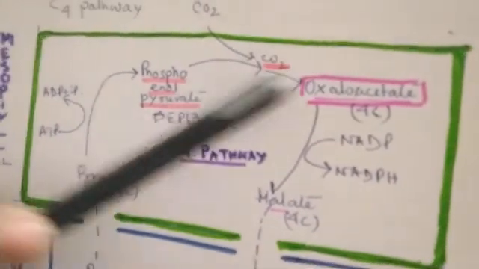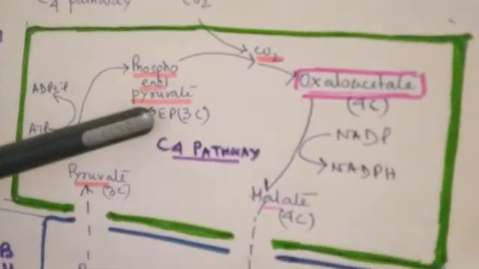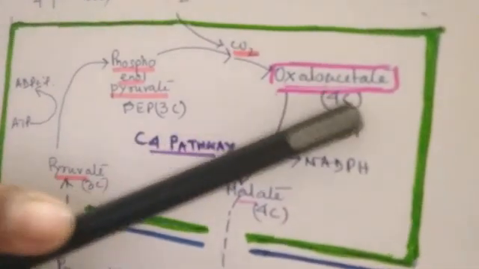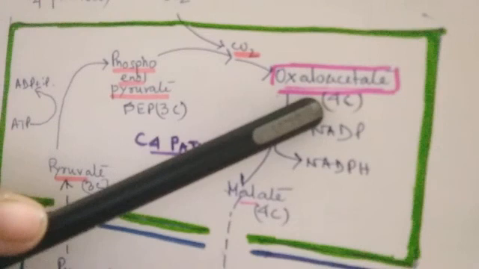Now phosphoenol pyruvate itself is a 3-carbon compound. When it combines with carbon dioxide, it forms oxaloacetate, which is a 4-carbon compound.